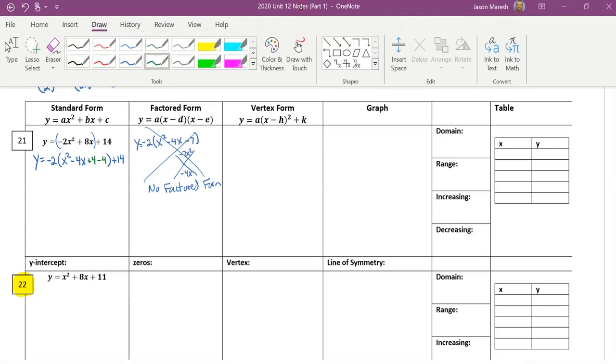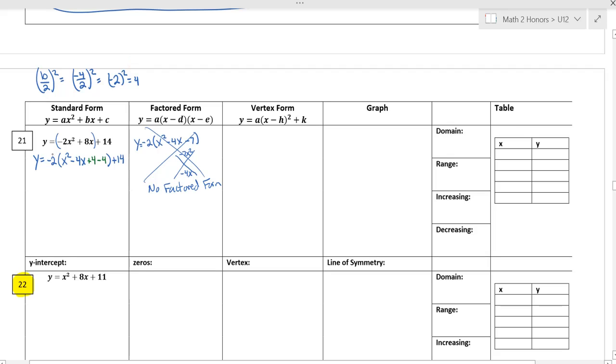Next step, I take the a, which is negative 2, and I multiply it with the last term, the negative 4, to distribute that and get that negative 4 outside of the parentheses. So that's going to look like this. We get y equals negative 2 times x squared minus 4x plus 4, plus 8 plus 14. That plus 8 came from me multiplying the negative 2 with the negative 4. So that got out of the parentheses, and I'm still left with 3 things inside.